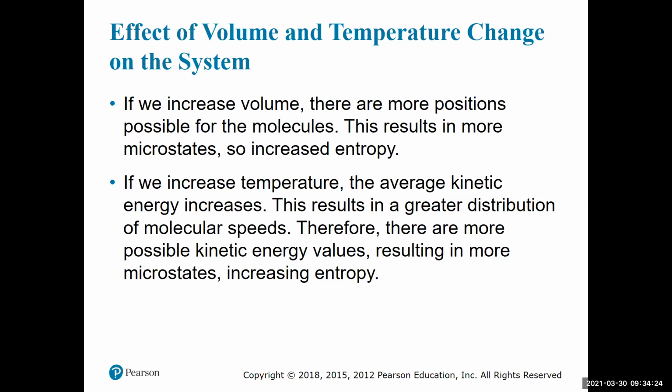So the takeaway from these two: increase the volume, increase the temperature, increase the entropy. And that makes sense, right? You have these gases, you increase temperature, you increase volume, you get things jumbled a little bit more, we get a little more chaos. We said that's what entropy is.